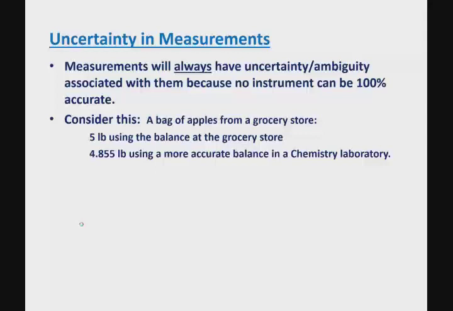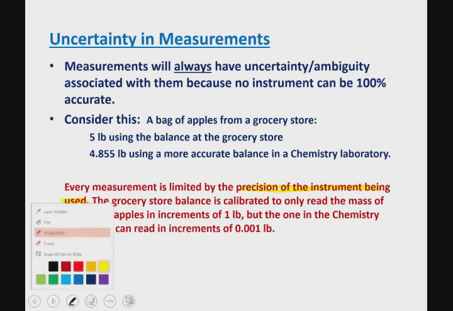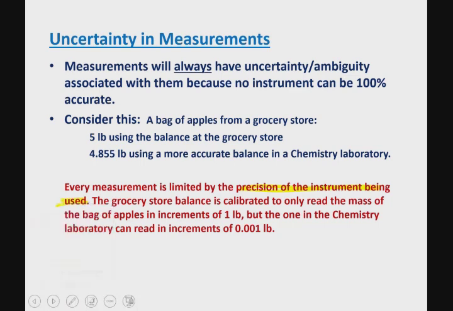It's that every instrument has its own degree of precision that it's designed to read a measurement in, and that is the limitation that every measurement would have. So every measurement is limited in the precision that it can record by the instrument that is being used, and we have to be very cognizant and careful of that.